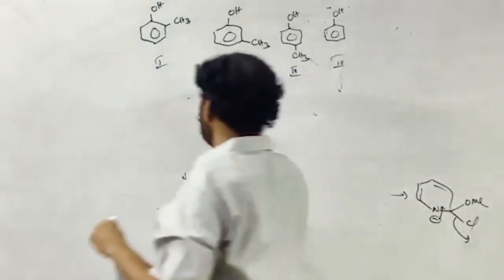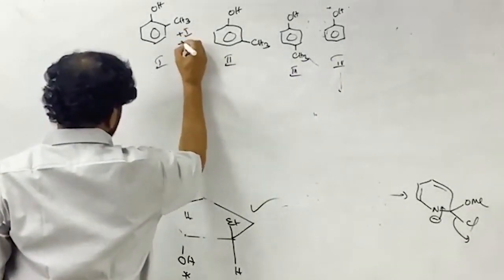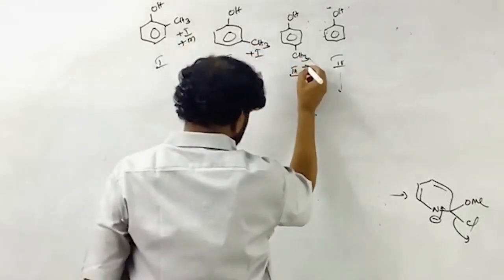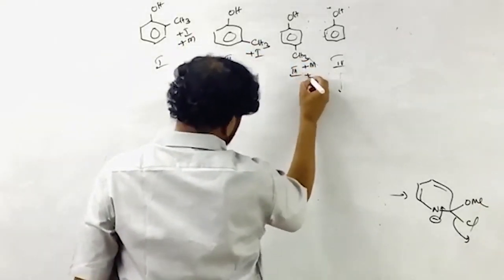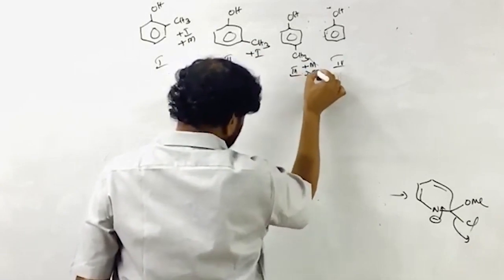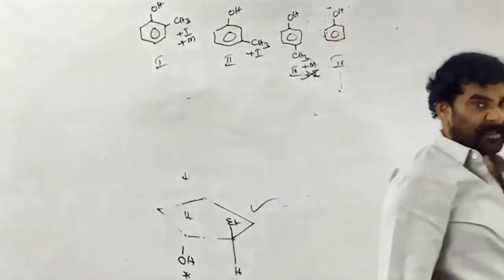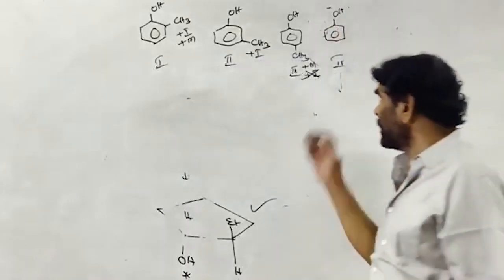So this shows the plus I and plus M effect. This shows only plus I, and this shows plus M and plus I also, but it is not taken into consideration in this case. As the distance increases, plus I effect diminishes, negligible here.